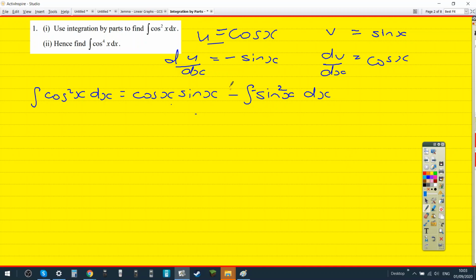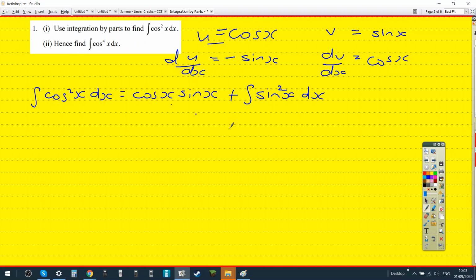So what we could do is bring the minus out to be plus the integral of sine squared x. So you can see we just integrated cos squared x and we got something plus the integral of sine squared x. If we do the same for sine squared x, we'll get something similar, so it's going to keep adding.